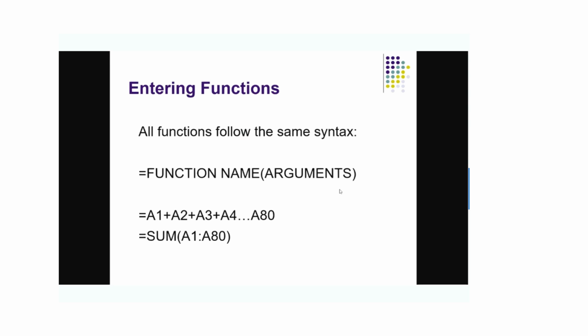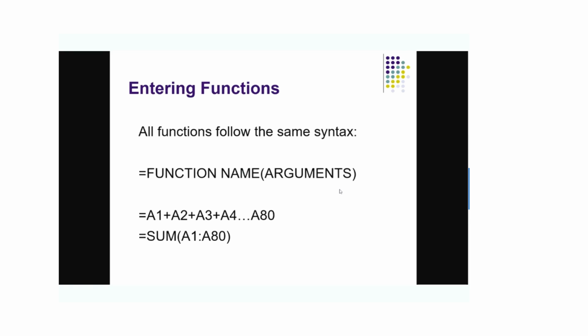We're going to be working with functions today, and all functions follow the same syntax. They are formulas, so they begin with an equal sign, followed by the name of the function, and that's followed by what are called the arguments in parentheses. And the arguments are the cells to be calculated. So the bottom two lines on my screen do exactly the same thing.